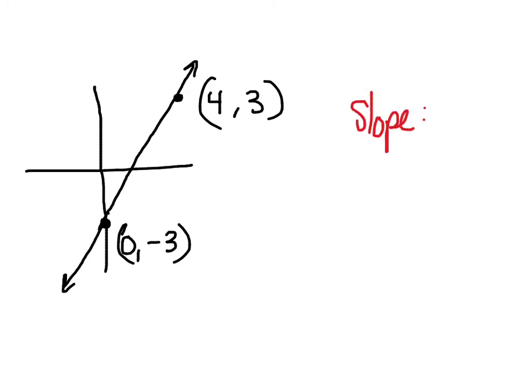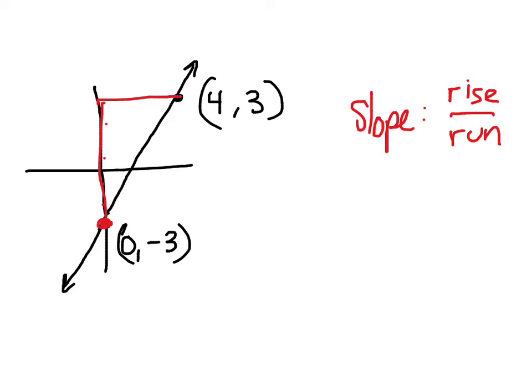And again, if you forgot, you could do the rise over run, which is still on the board, as well as the y2 minus y1 over x2 minus x1. With a picture, it might be easier to do the rise over run, or you could use the ordered pairs. It doesn't matter. You should get the same answer. So what I mean by that is if I go from here and I start counting how far up and then how far over I have to go, that should give me the slope.